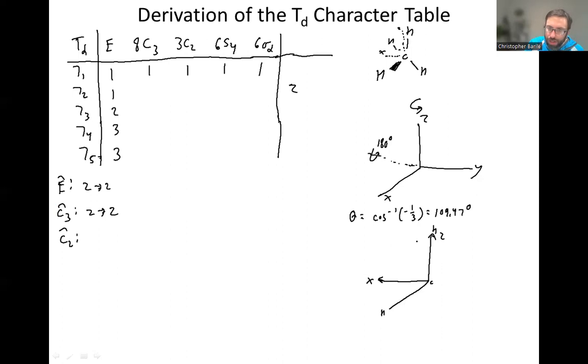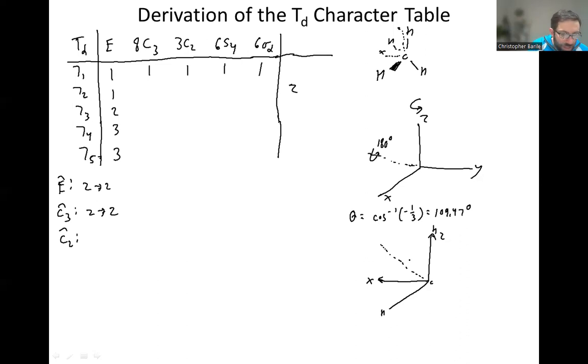Okay, so now that we know that, that's just going to help us put some trigonometry to this value. So theta is here, and we're bisecting it. That's what the C2 is doing. The C2 is bisecting.